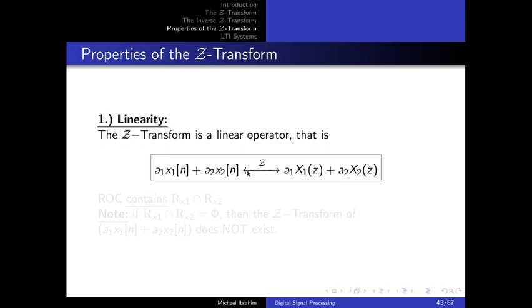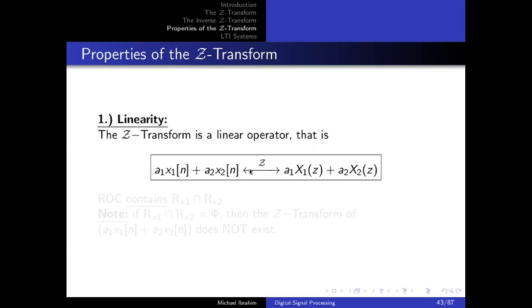The property says that if we form a linear combination of x1 of n and x2 of n, that's to say constant times x1 plus constant times x2, this is a linear combination of the two sequences x1 and x2.